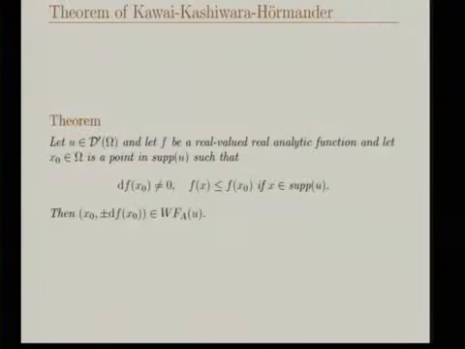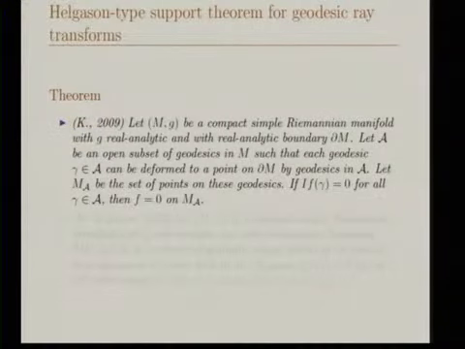Now, this can be generalized to geodesic ray transforms, and there is a reason why I bring that up, because it has a connection to the Calderon problem. Actually, the Helgason support theorem, the way it is done by Boman and Quinto using analytic microlocal analysis, also has relevance to the Calderon problem. The geodesic ray transform, as it's written here, also has connections to the Calderon problem.